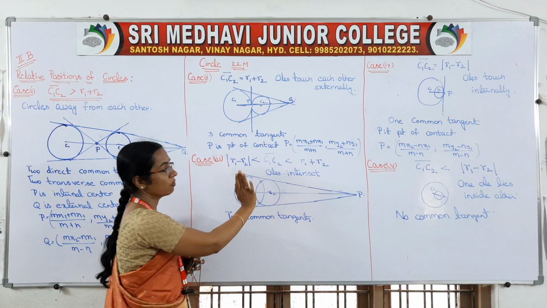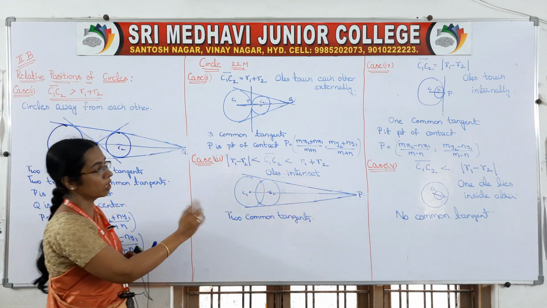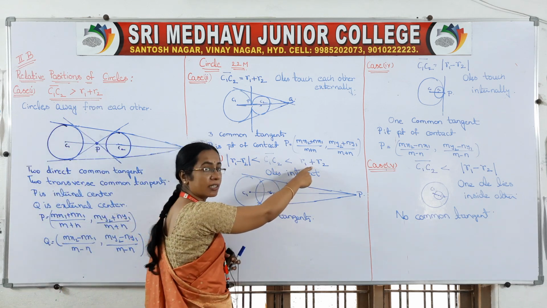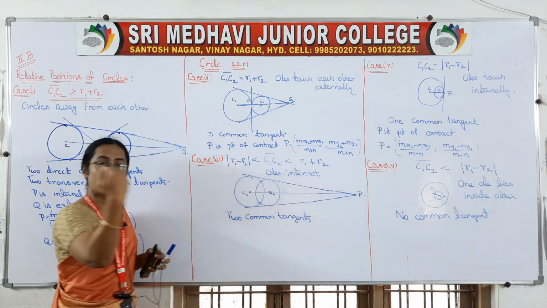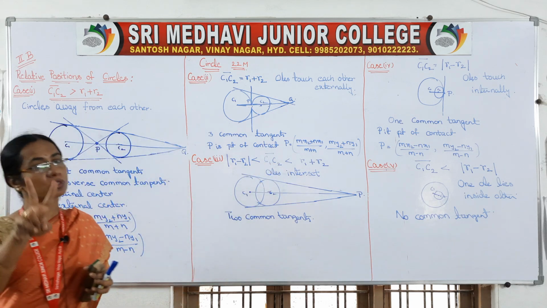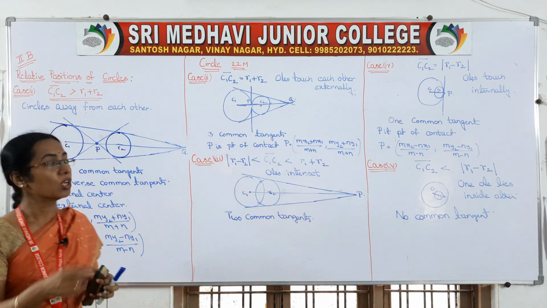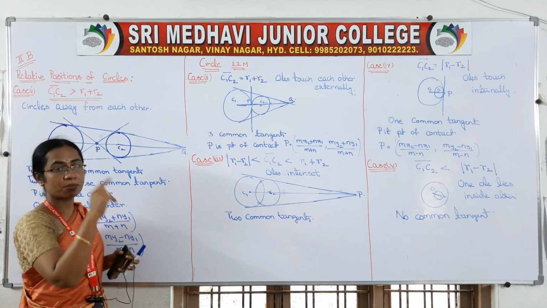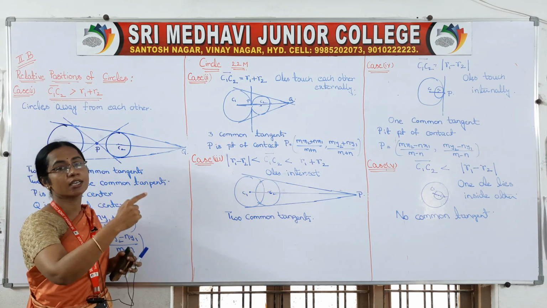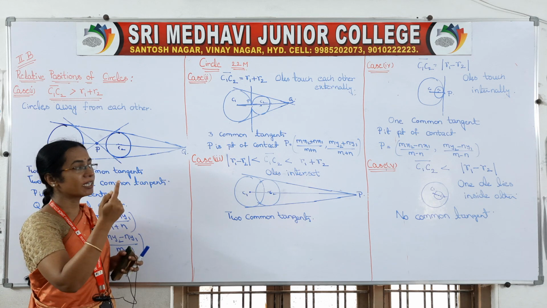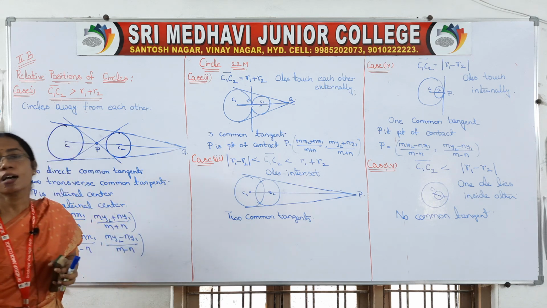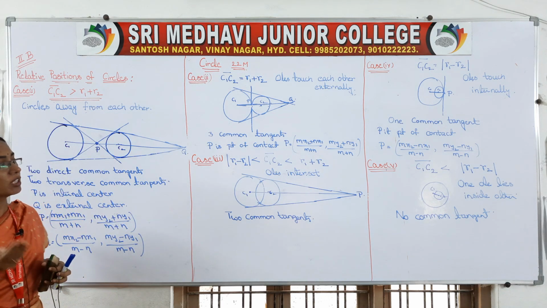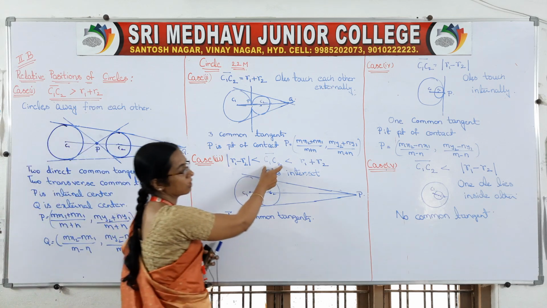So whenever this condition on C1C2 is satisfied, in the question they will give 2 circle equations to you. From the first circle you can find C1 and R1. From the second circle you will find C2 and R2. Then you find out your C1C2.